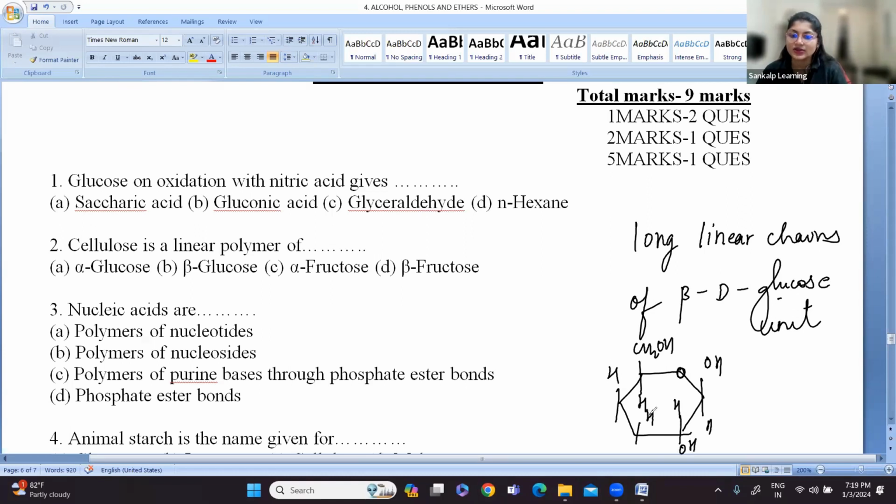This will be OH, H. And this will be OH. Like this, the beta glucose units will link. Now, suppose I join one more, how will I join? From this O, and from this the hydrogen, there will be this connection, like this.